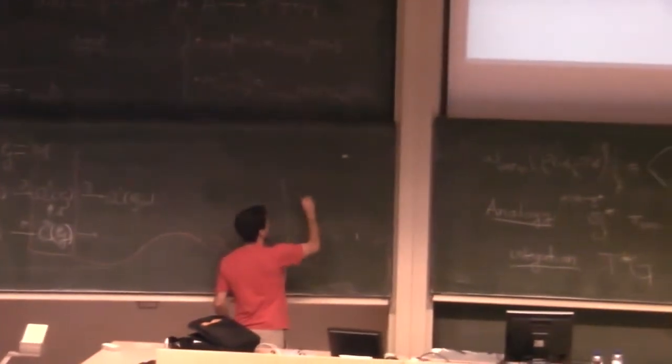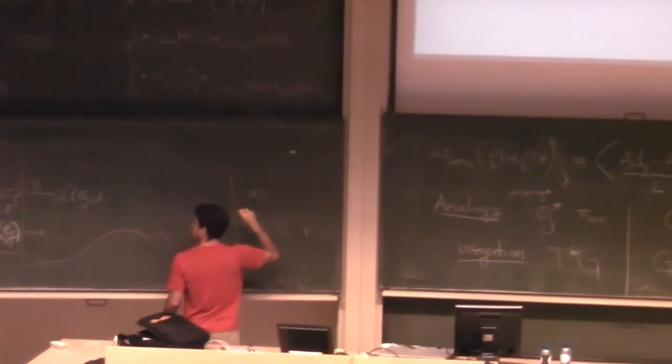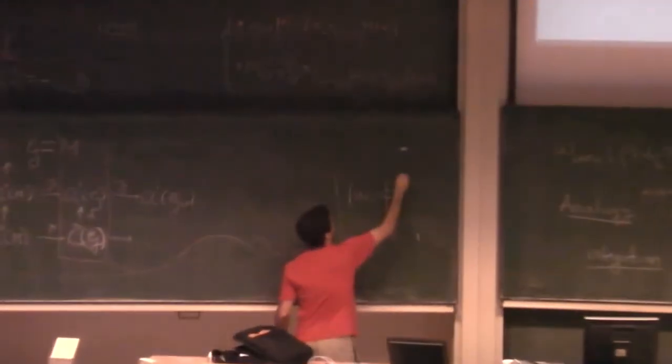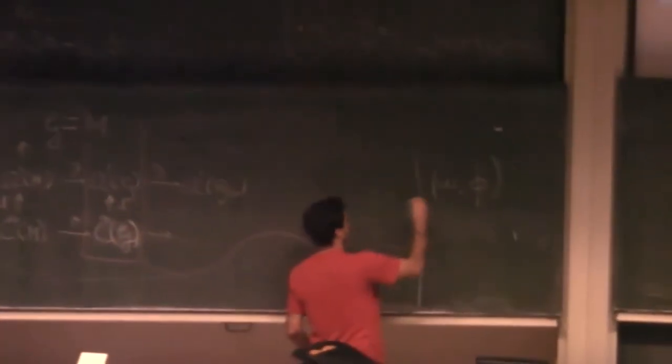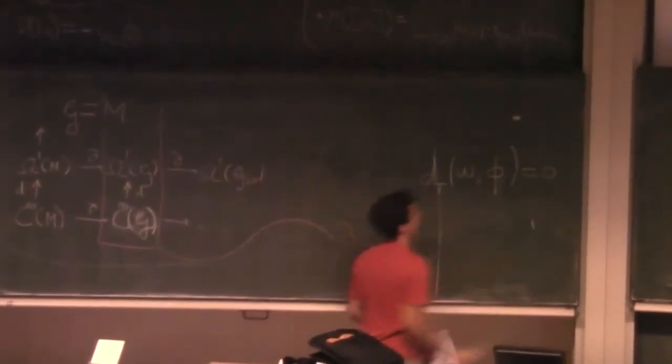You could combine the form with something on the base, and you could ask these to be closed in the total complex, the total differential being zero.